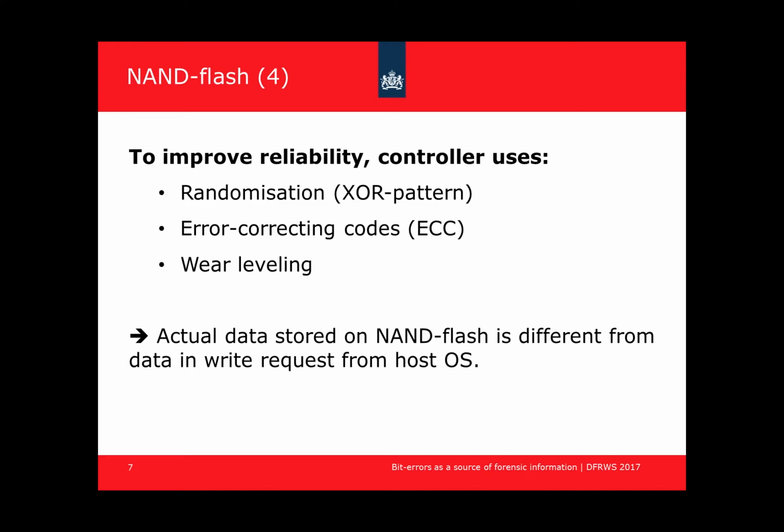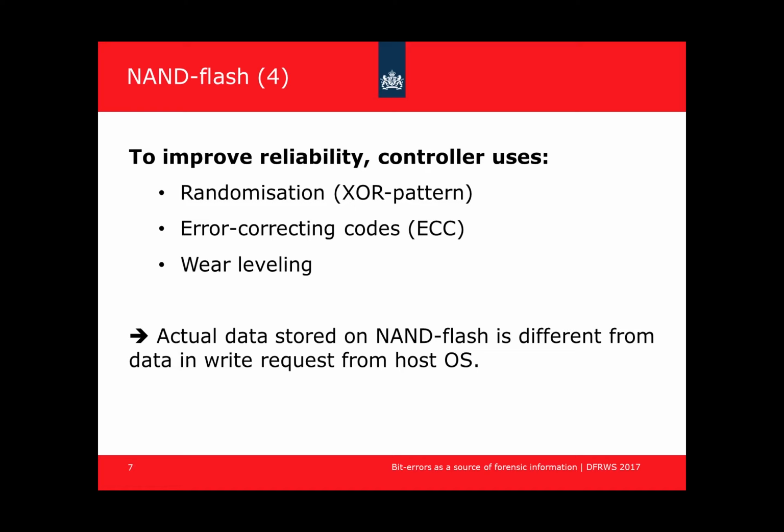In that way you can minimize inter-cell interference, so the number of read and write errors can be less. Besides that, of course, error correcting codes are stored, parity bits are computed, which enable you to determine the number of errors present in the memory and also correct them.